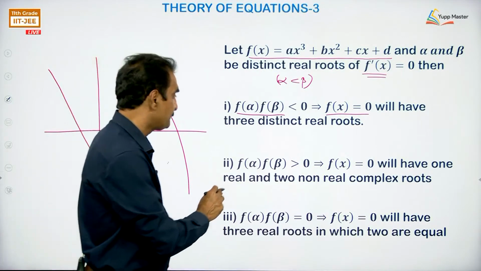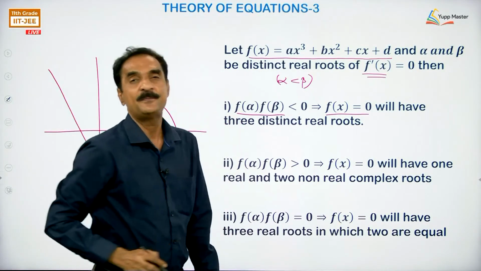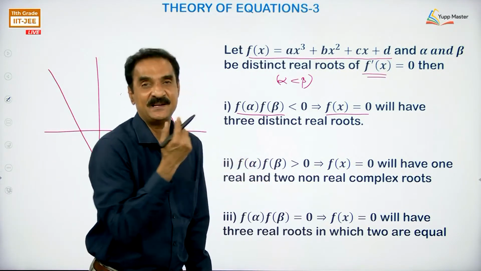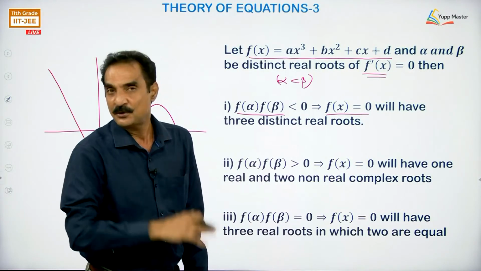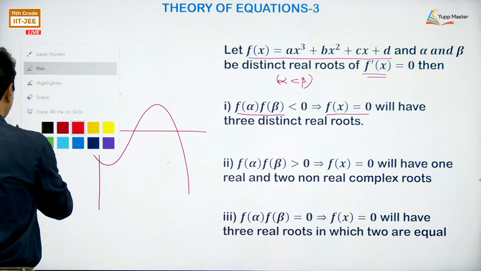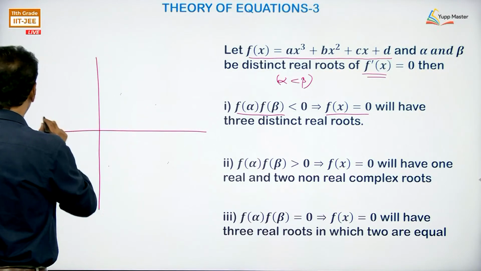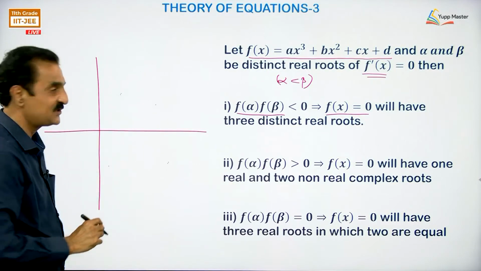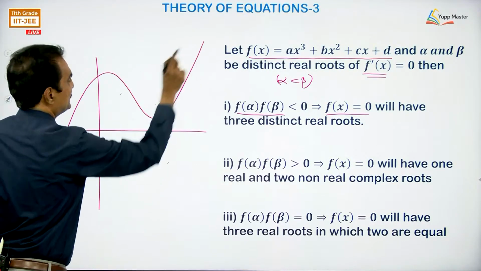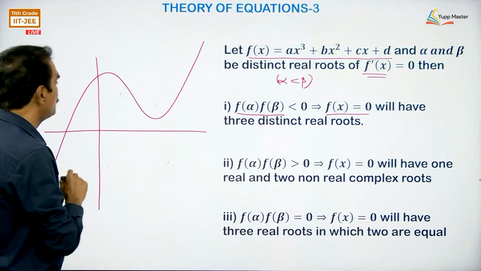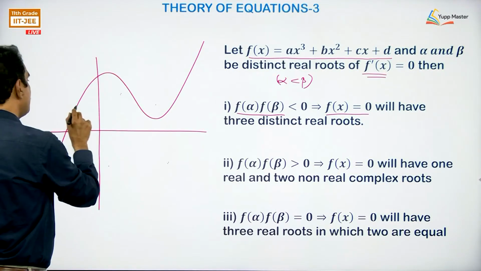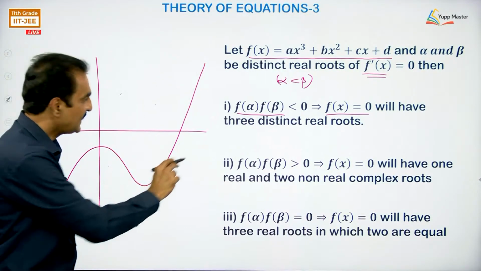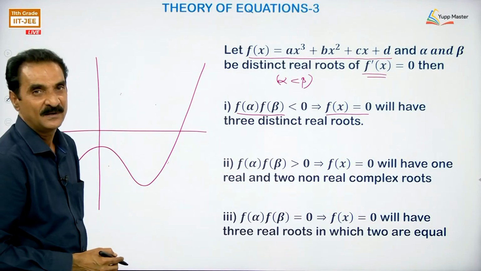Next point, suppose f of alpha into f of beta is positive. What does it mean? F of alpha and f of beta have the same sign, either both are positive or both are negative. If both are positive, suppose a, the coefficient of x cube, is positive, then the graph will be like this. If both are negative and a is positive, the graph will be like this, when f of alpha, f of beta both are negative.